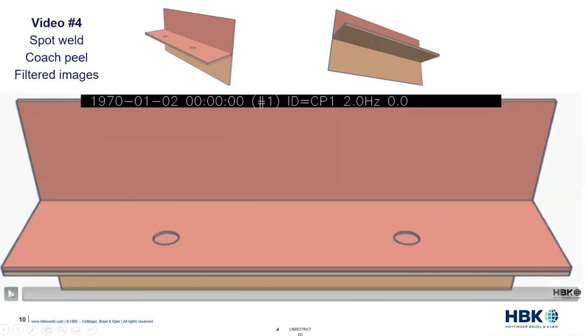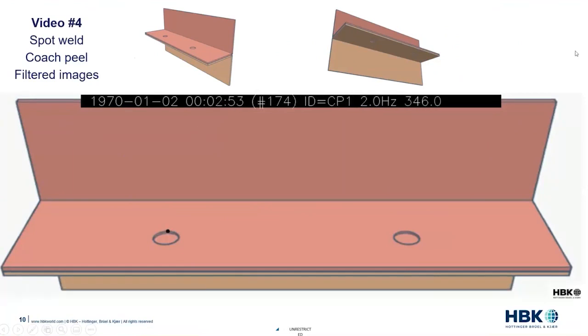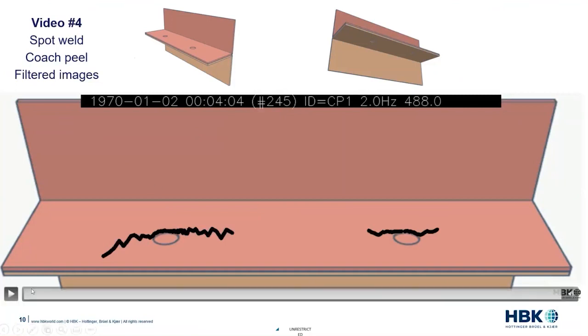So to grab your interest, here's a quick video of a simulated spot weld fatigue test in coach peel to show where the cracks start and their direction of growth.